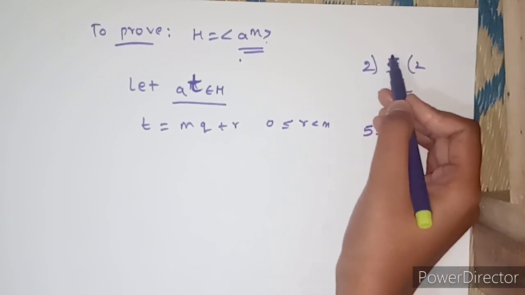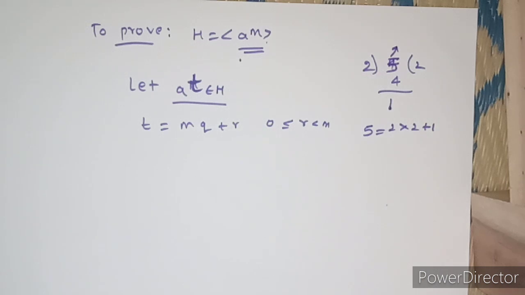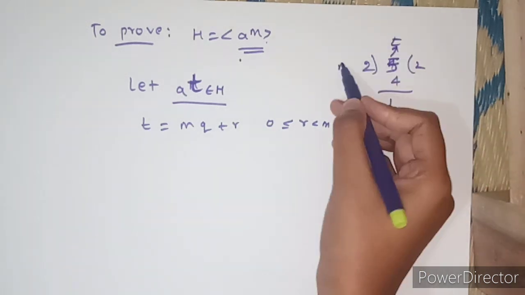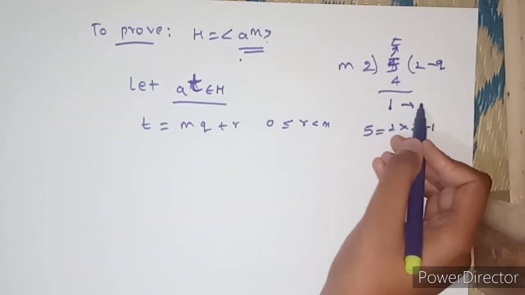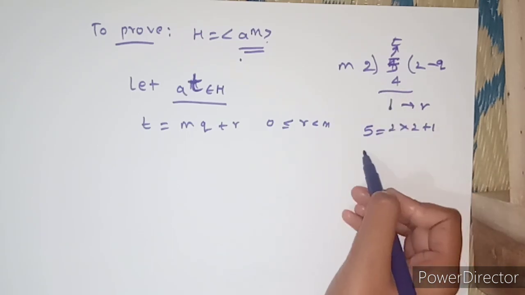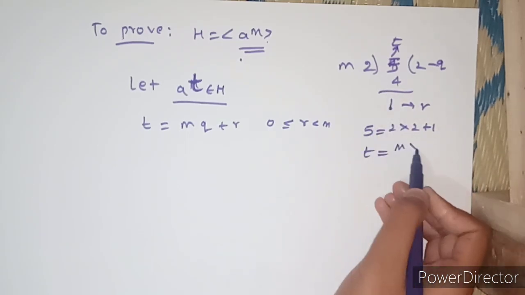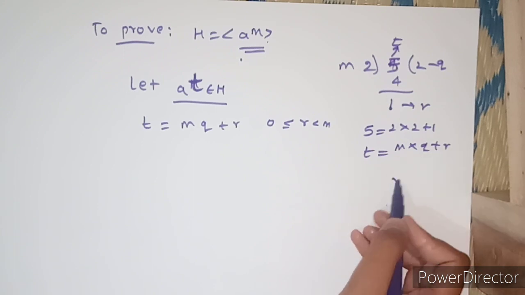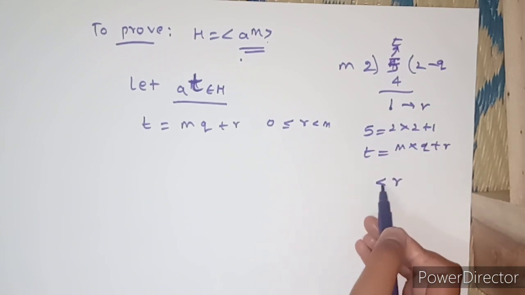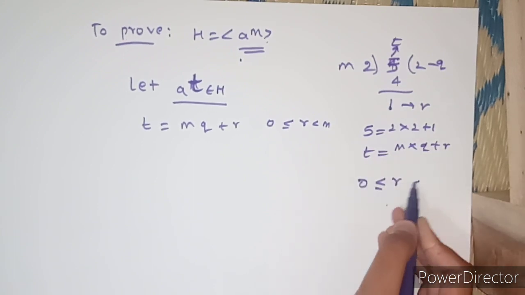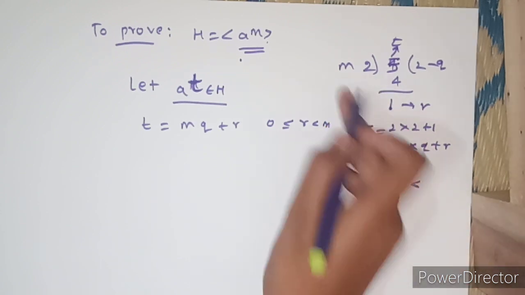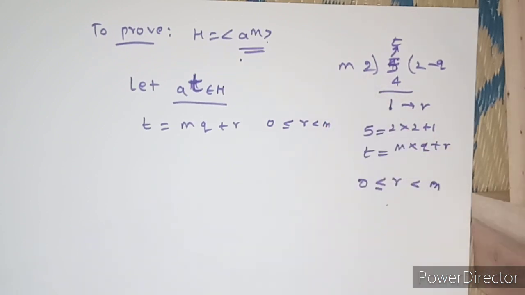Here 5 is t, this is m, this is the quotient q, this is the remainder r. So t is equal to m into q plus r. And I have told you that this remainder is always greater than or equal to 0 and less than the divisor. Here the divisor is m, right? So this is the concept.